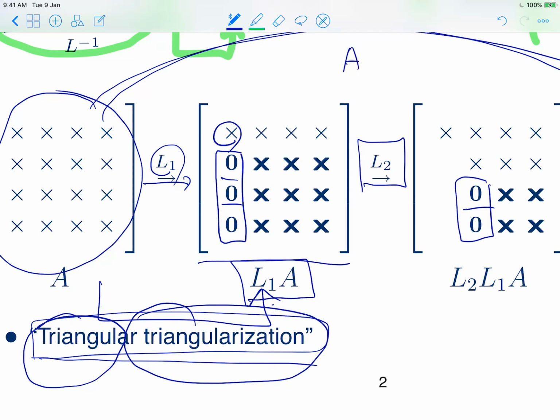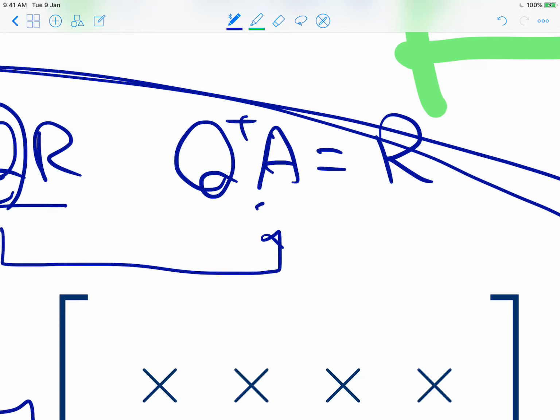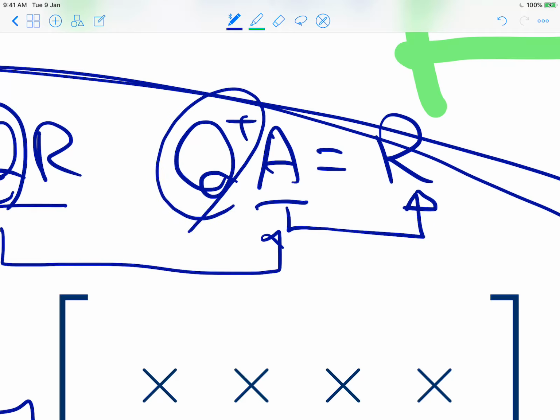If we consider A as QR, we can directly think of this, but we can also think of Q transpose A becoming R. In this case, we are triangularizing the input matrix A into the upper triangular matrix R by using some orthogonal matrix.